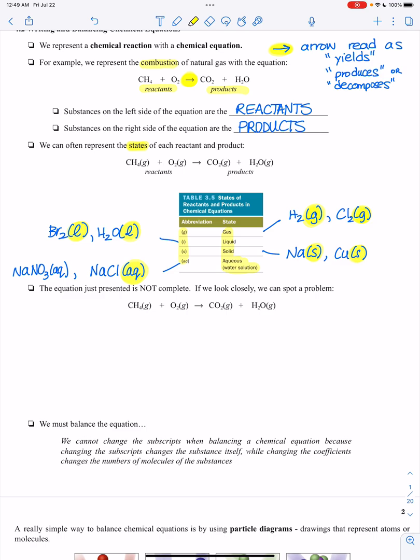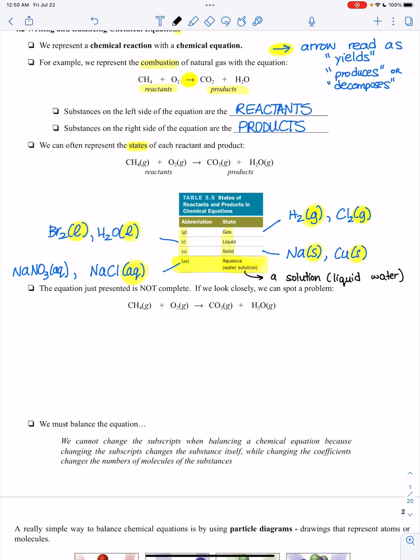And then finally, this last one is not a popular one, meaning not many people know what it is: aqueous. Aqueous is kind of what it sounds like if you know aqua. Aqueous means dissolved in water. So aqueous means it is a solution involving water, a solution that has liquid water.